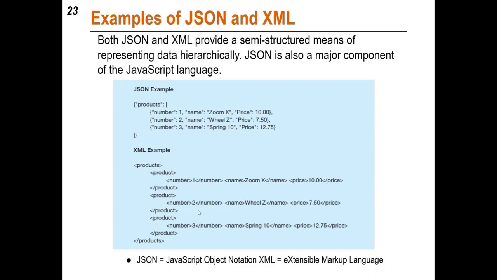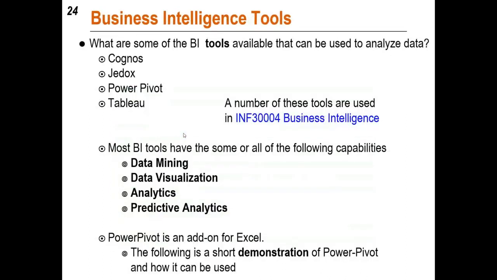This is an example of how we record a product, or product related information, using XML and JSON notation. You can see in the product we have a product number, product name, product price, etc. We may have three records here in XML, and this is how we show it in JSON, or JavaScript notation. So this is how we record the data in big data, using big data technology.